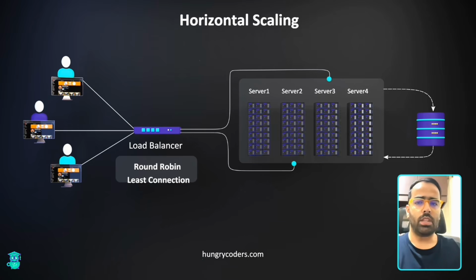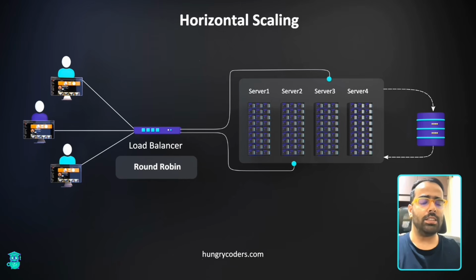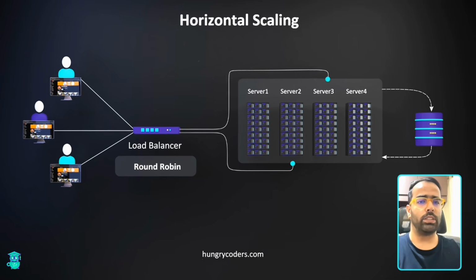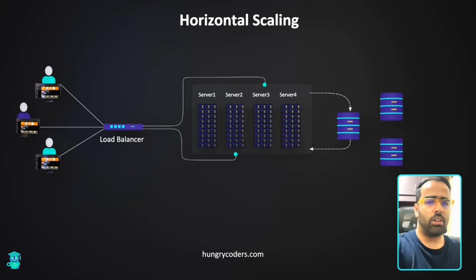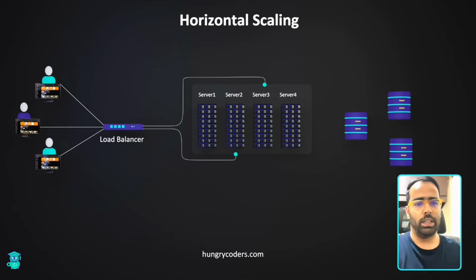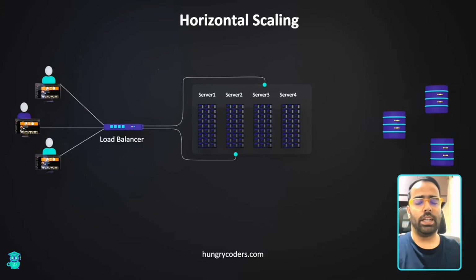So what is the next step? The next step is to do the same at the database level. Now the traffic is more, and more requests are going to the database. So we will do the same thing for the database also. Instead of the application directly calling the database, we need something in between. Again we need a load balancer between the application and database layer.